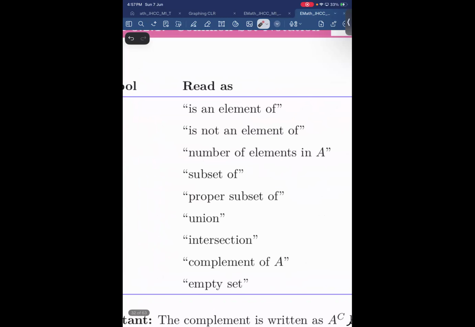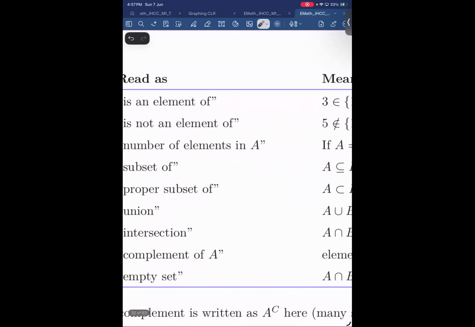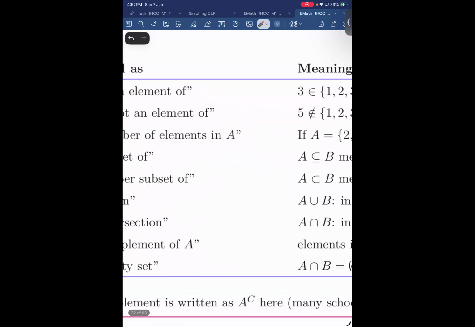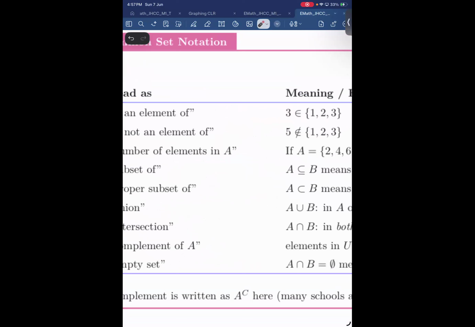So the examples and the meanings are as follows. If it's an element of a set, it means it is inside, a member of the set. Then n(A) is simply how many things are inside. Subset means every element of A is in B. Proper subset means every element of A is in B, but A is not equal to B. If A is exactly equal to B, then A is a subset of B, but not a proper subset.